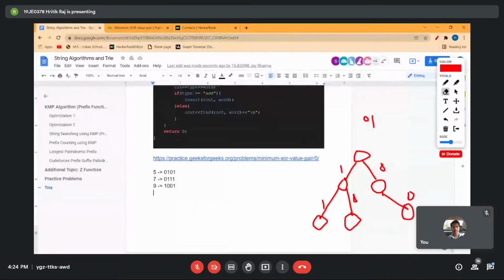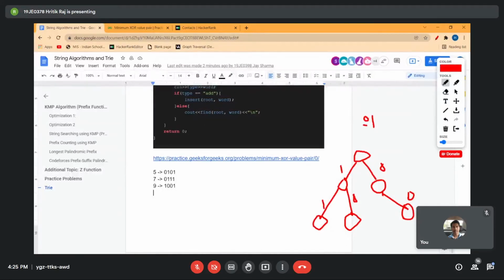Okay. Suppose the trie we have formed is like this, and we are checking for the string 0, 1, and we want to minimize. How will we traverse? We start here. Which direction will we go? So, right direction. Yeah, because 0 is present there, it is not null. So we would always try to minimize.